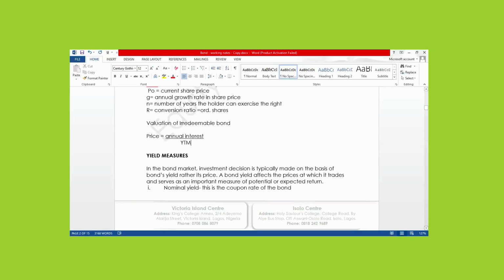A bond yield affects the prices at which it trades. The bond yield serves as an important measure of potential or expected return.